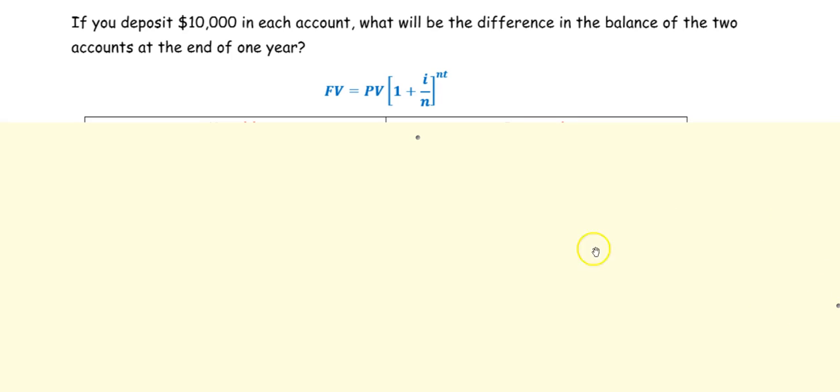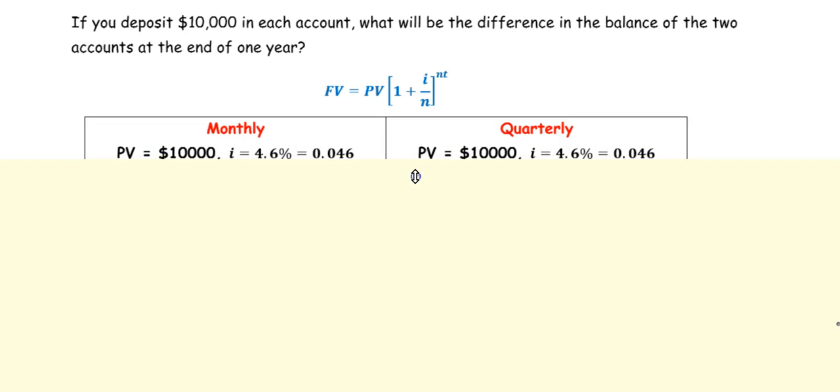Our values are present value 10,000, rate of interest 4.6%, which in decimal form is 0.046 in both cases. n is equal to 12 because it is monthly, and t is the time period, that is 1 year.